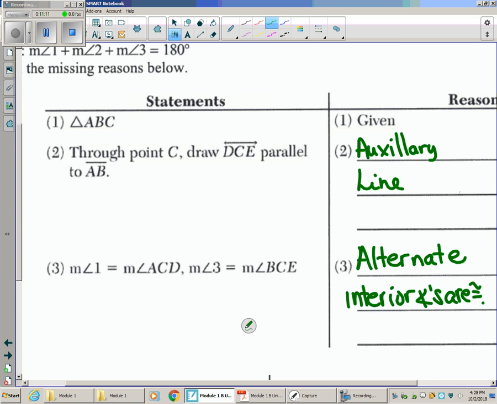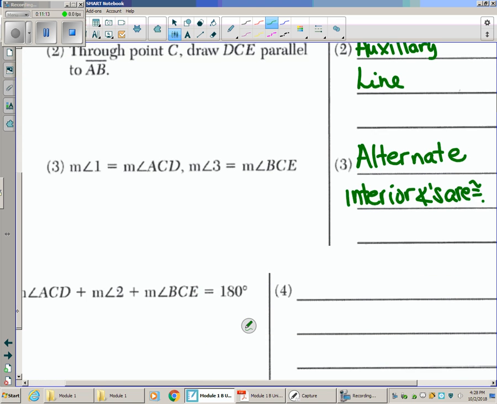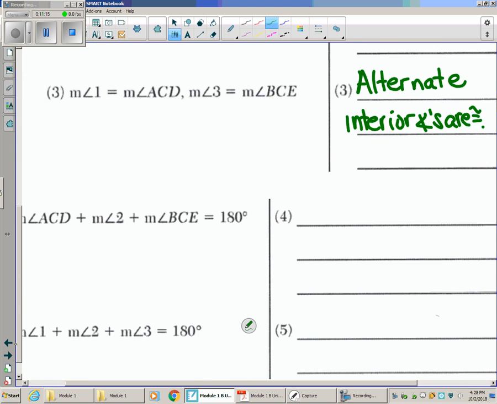Okay? And then the last step, let me just change the view on this a little bit. Oh, okay, well, we'll just have to leave it. Okay, so then step 4, you have that ACD plus angle 2 plus BCE is equal to 180.